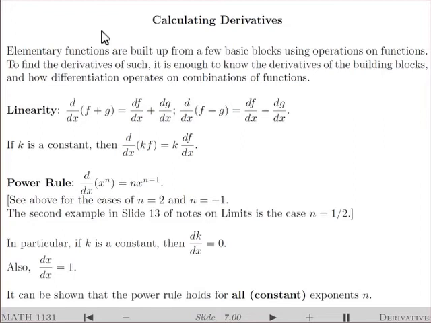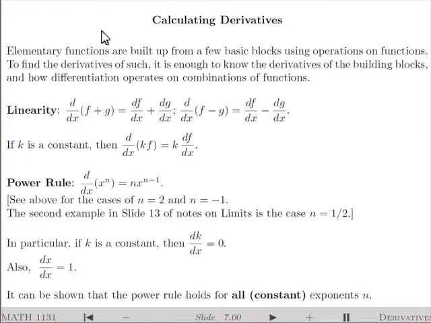Now, elementary functions, the kind of functions we most often deal with, are built up from a small number of building blocks, essentially just powers and exponentials, using the basic operations on functions: four arithmetical operations, composition, and inverses.